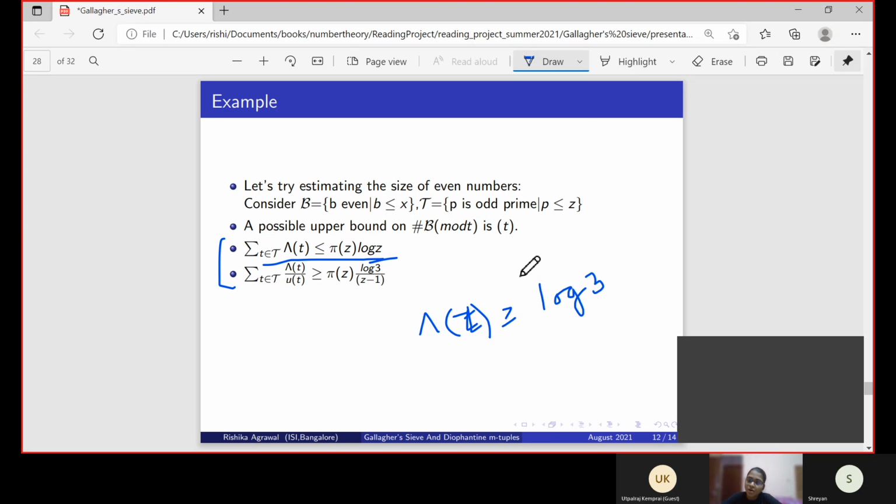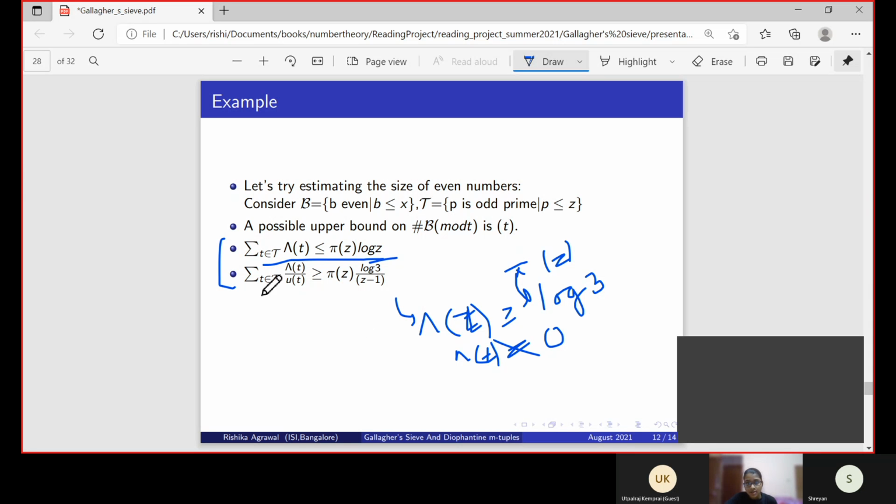And we are just multiplying log 3 by the number of primes that we have less than z. So the zeros are counted neither on the right hand side nor on the left hand side. So we can use this inequality: given that lambda of t is not equal to 0, lambda of t is greater than or equal to log 3, and then multiplying it by pi z.